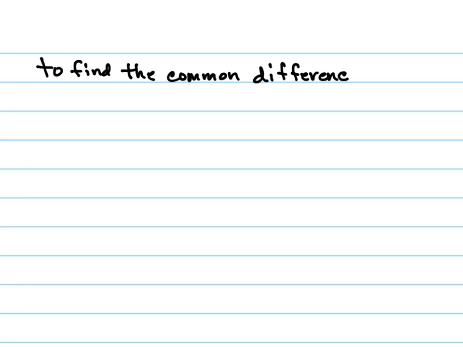So the first thing we want to do is talk about a common difference. To find the common difference, all you're really looking for is a change. And anytime you're looking for a change in mathematics, you simply take the new value minus the old value.